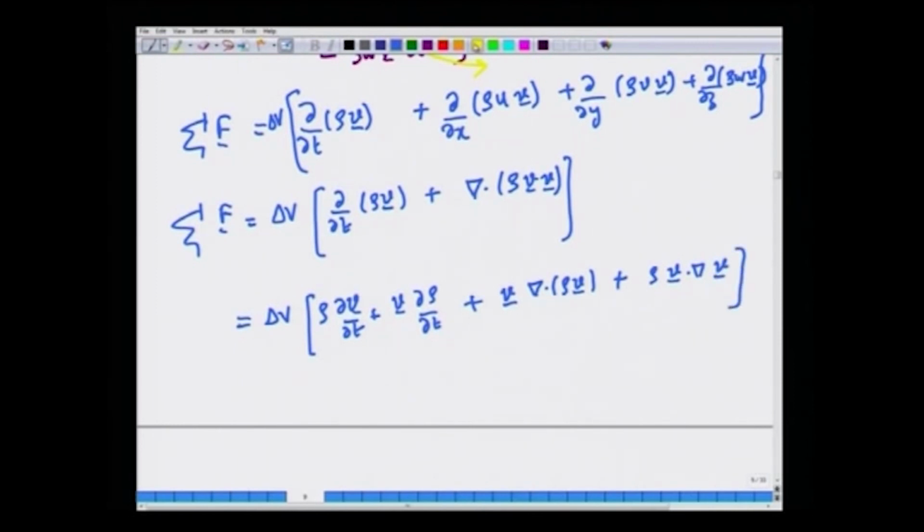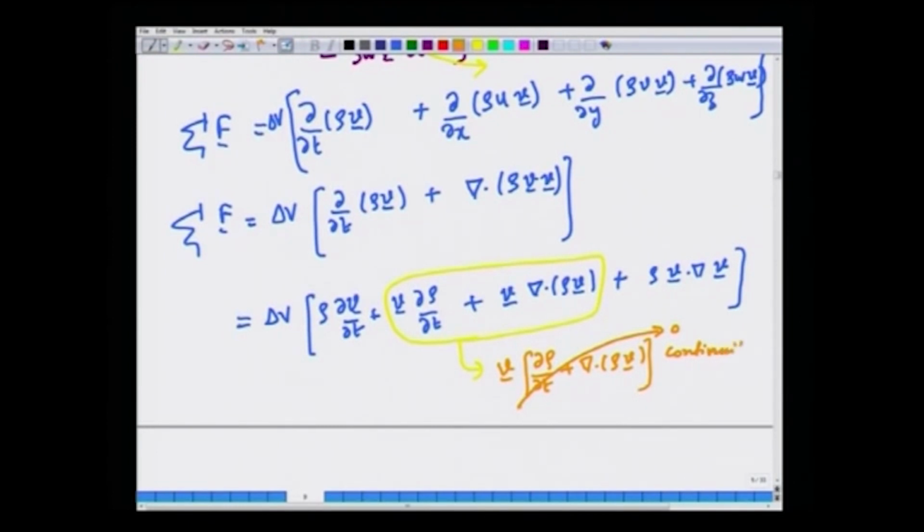Now, this is essentially v times d rho dt plus del dot rho v, that is identically 0 by the continuity equation, conservation of mass.